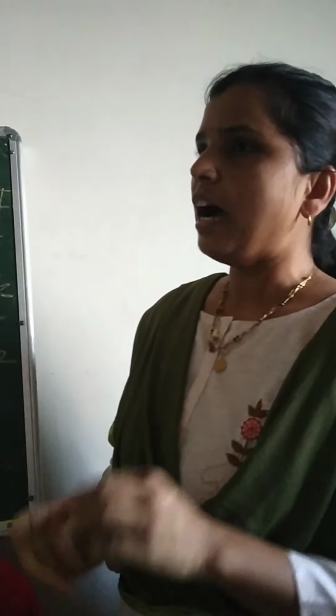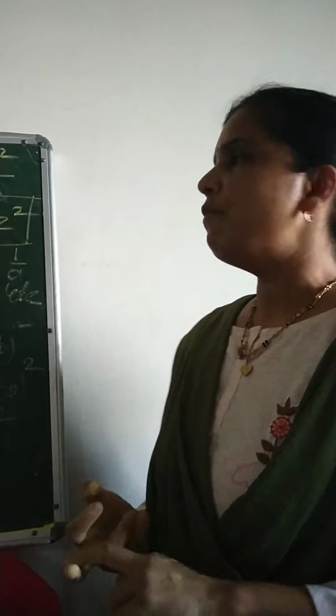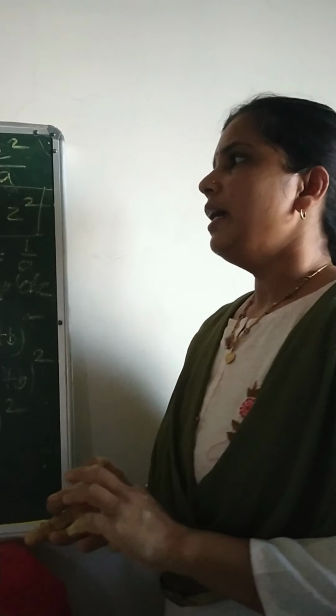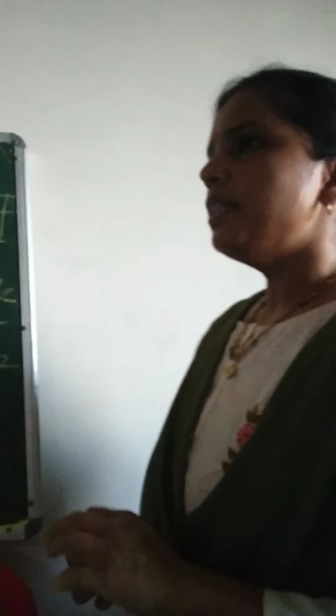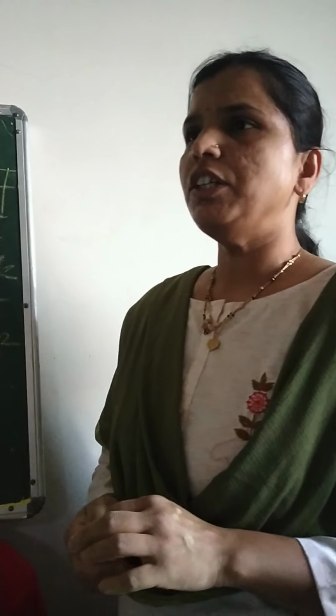I hope you understand all the terms. So this is about the solution of partial differential equation by Charpit's method. Again we can repeat here. Charpit's method: the first step is, we take the given equation in the form f equal to 0. After this we find all the partial derivatives fp, fq, fx, fy, fz, and put all these derivatives in Charpit's auxiliary equations.